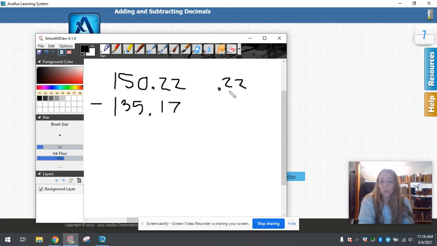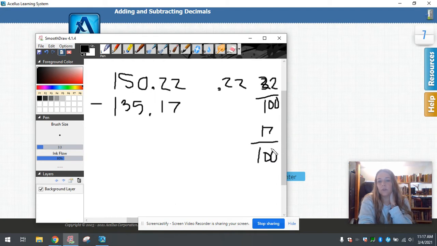So this would be 22 out of 100. And this 0.17, that 7, the last digit in the decimal, is also in the hundredths place. So as a fraction, it'd be 17 out of 100. Just wanted to draw attention to that.